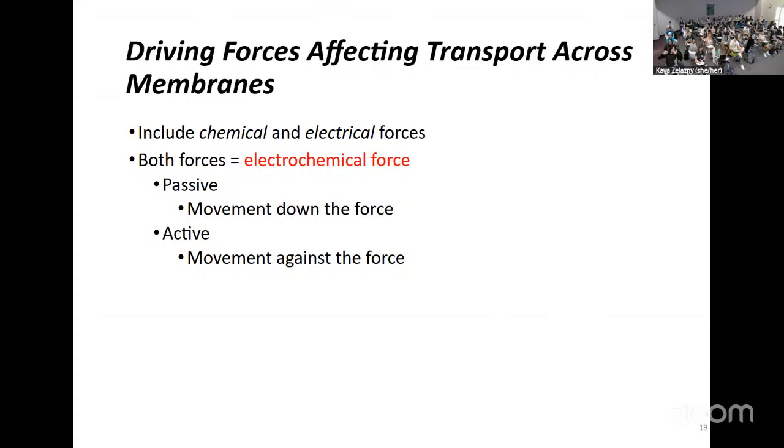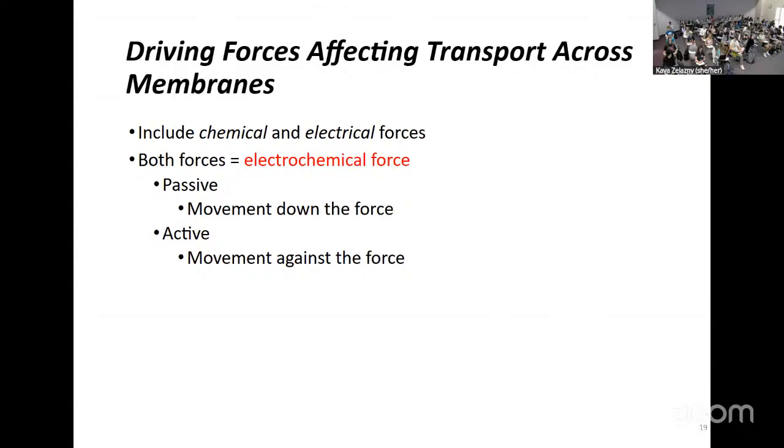What you probably talked about before are the chemical forces. When we say something moves from high concentration to low concentration, we're talking about a chemical force. Concentrations are like collections of chemicals.